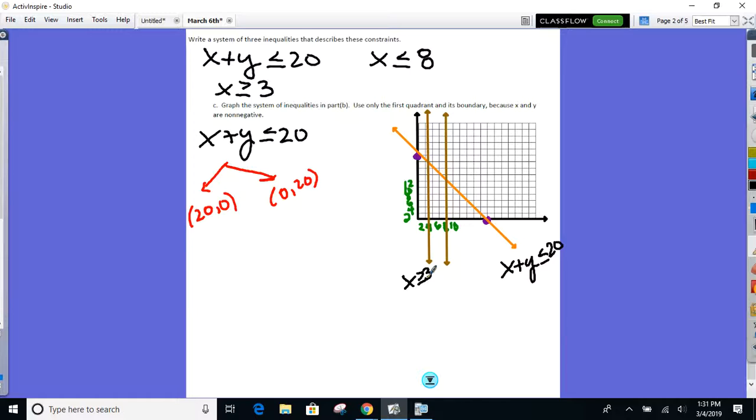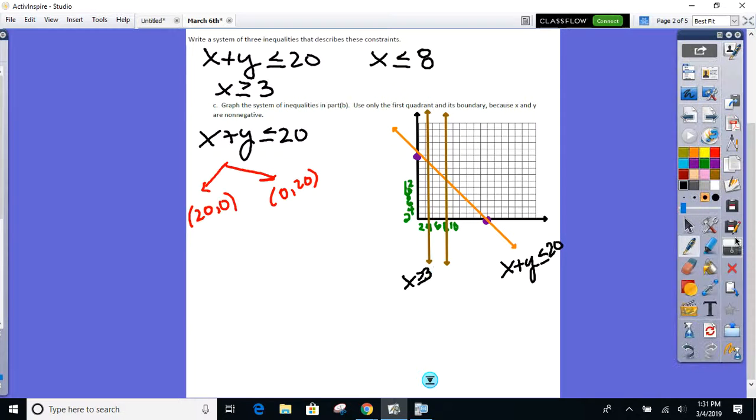All right, so if it's got to be greater than 3 but less than 8, where would I shade as far as these two lines go? In between. So right now, go ahead, grab a colored pencil. Tell me where all 3 would intersect. You should see the shape right there where all 3 intersect. It's a 4-sided figure.